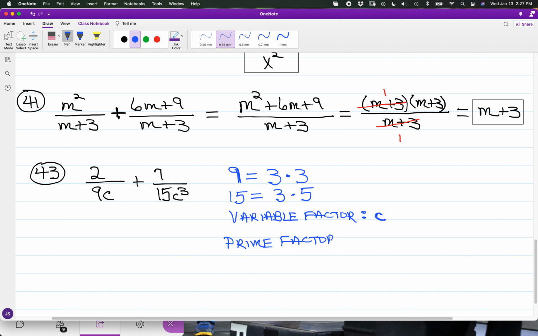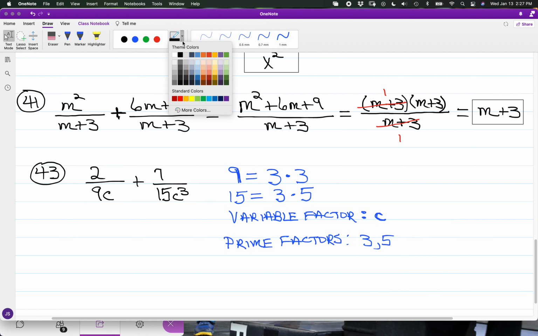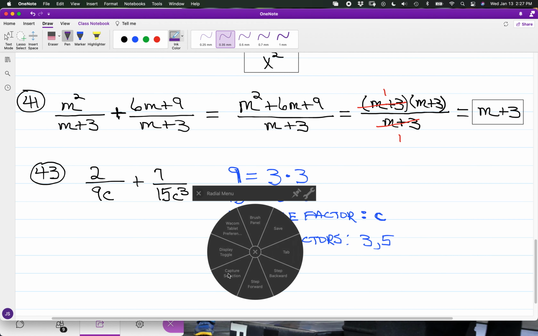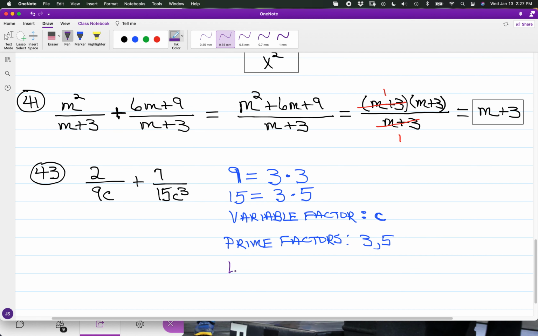Now for the prime factors, you have 3 and 5. 3 appears once from 15, but it appears twice from 9.